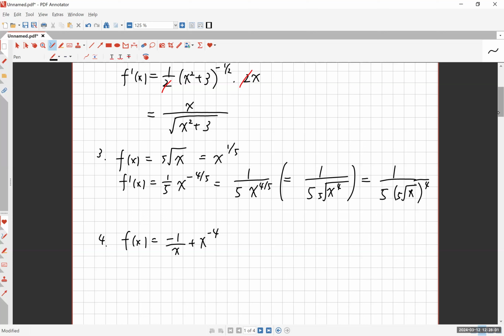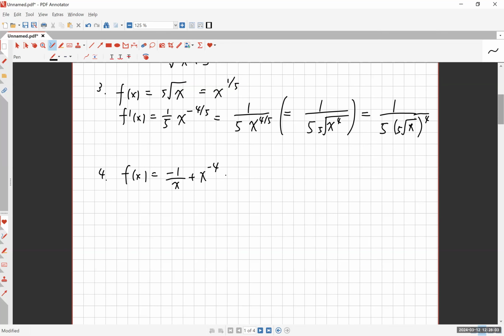All right, number 4, you can rewrite this as negative x to the -1 plus x to the -4, because that's, again, the same function. When you take the derivative, you apply the power rule twice. Okay, negative times -1 is +1. You don't even have to write it. The new exponent is -2, plus now -4 times x to the new power, which is 1 less than -4.